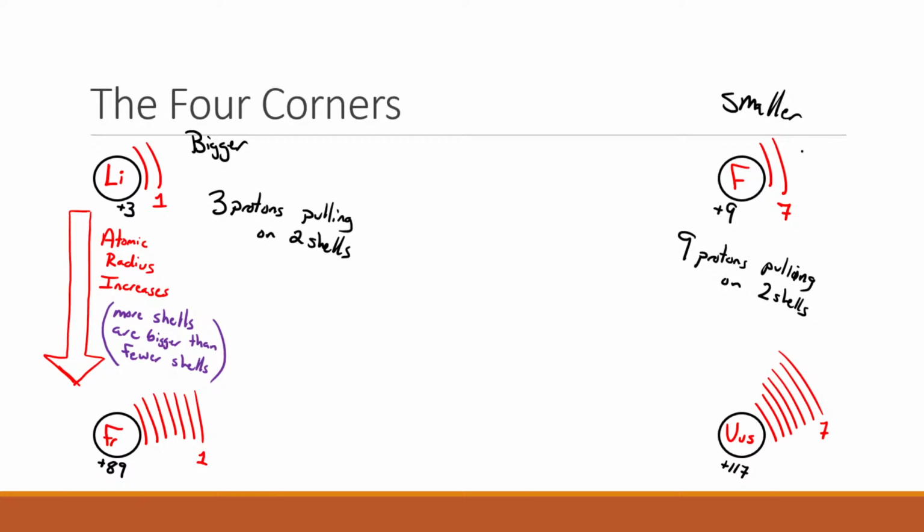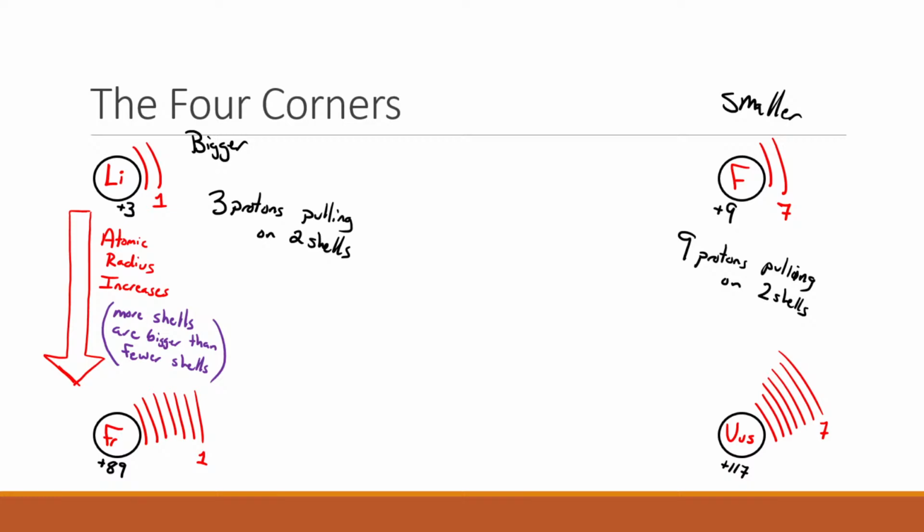And the same logic is going to apply down here to francium and ununseptium. 117 protons pulling on 7 shells versus 89 protons pulling on 7 shells. The 117 is going to be able to pull those 7 shells inward, right?